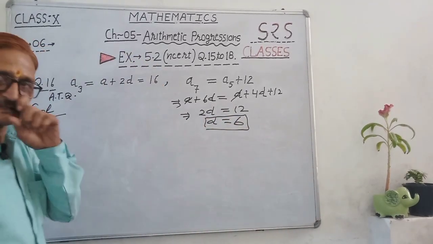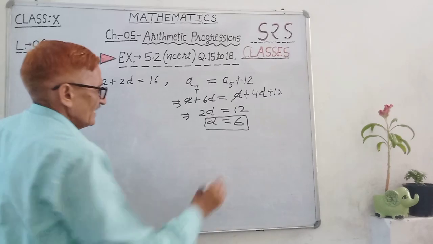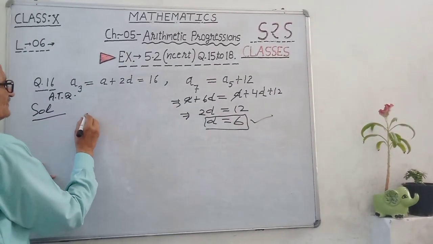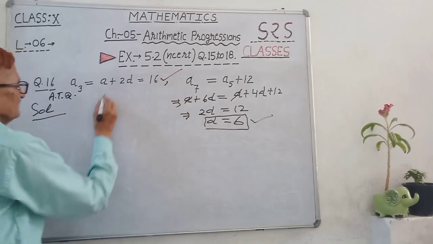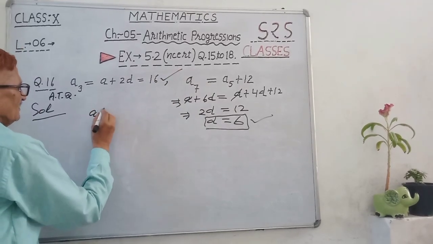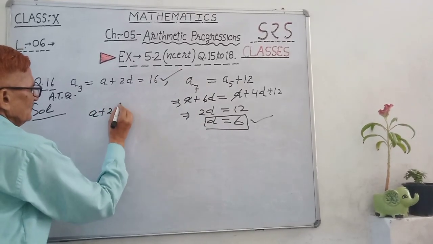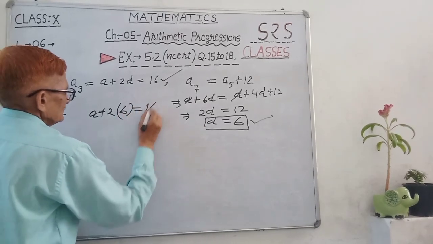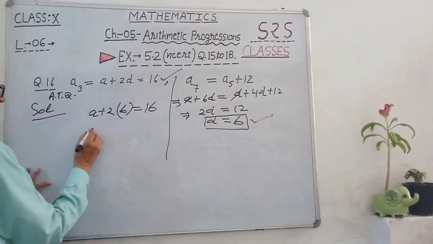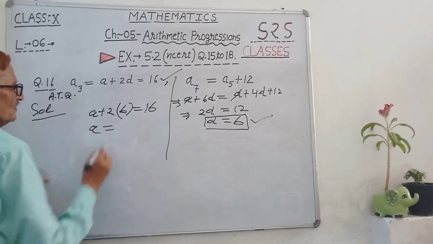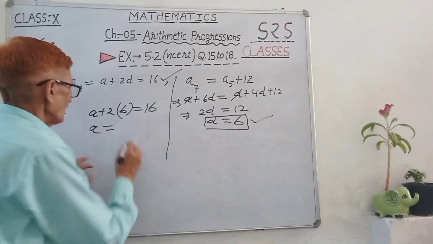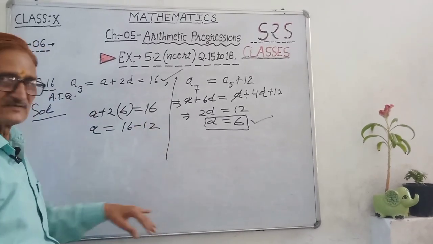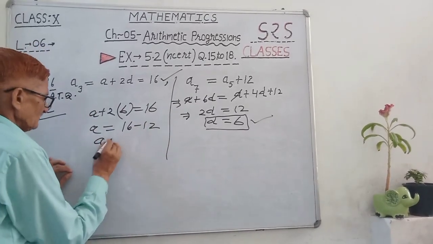Okay, so D has come from the second condition and put in the first. First is A3, 16, this equation, then A plus 2 into D, D is 6, is equal to 16. Then A equal to 16 minus 2 times 6, which is 12, this will go that side, minus, then A is equal to 4.